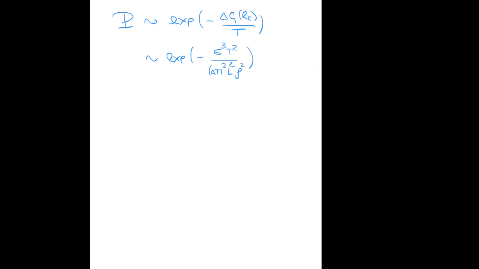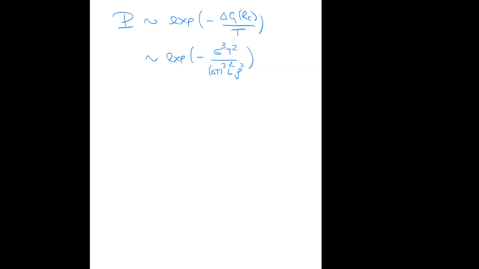So as you get closer and closer, it's more and more suppressed. So this is indeed saying that you can superheat just a little bit, because if you superheat just a little bit, delta T is small, and it's actually unlikely that you form a bubble.